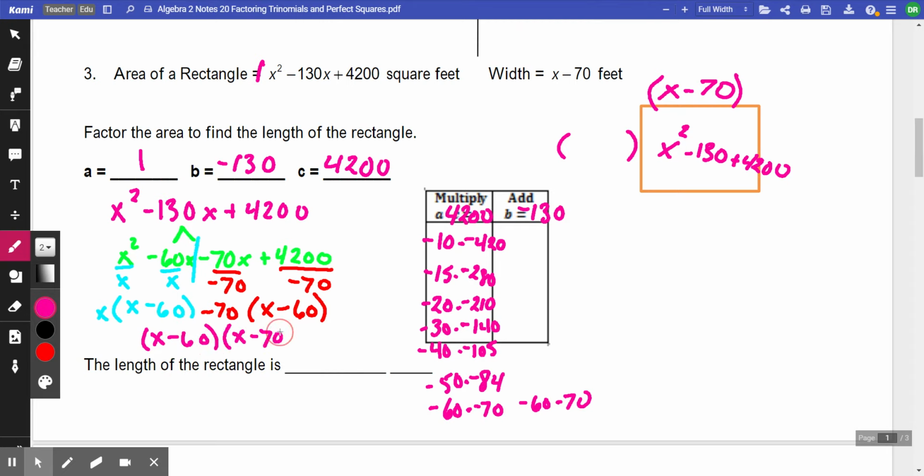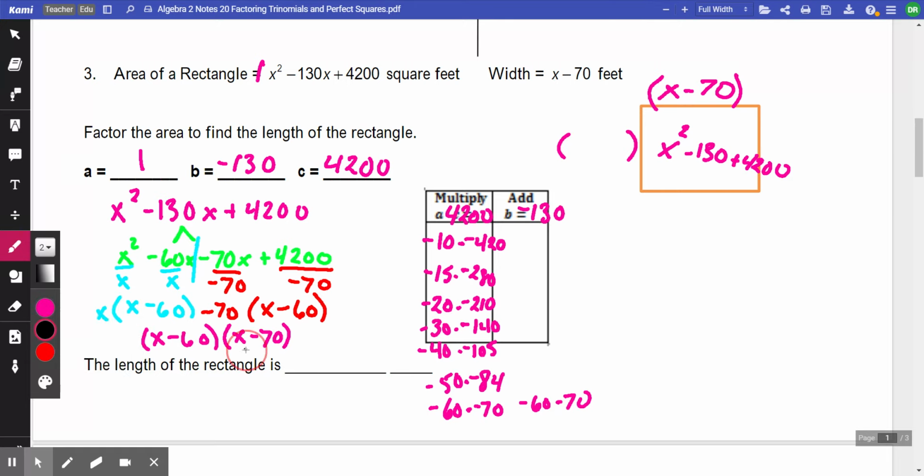And that's something to note. With factors, they are two things that multiply back to the polynomial. And that's the idea of this multiplication, because in this particular problem, area is multiplying two values together, in this case, these two factors. And we are asked to find the length of the rectangle. Well, we already knew the width was x minus 70, and you might notice that's what's showing up here.